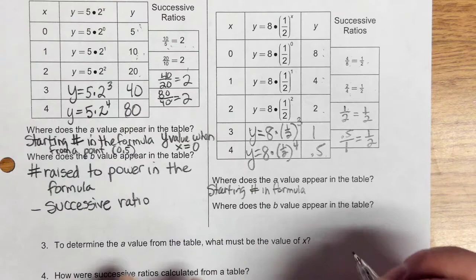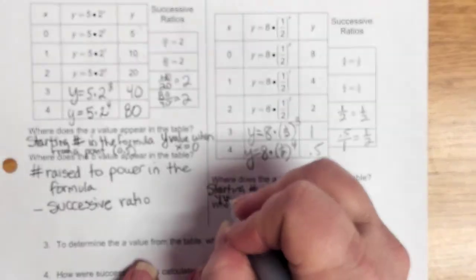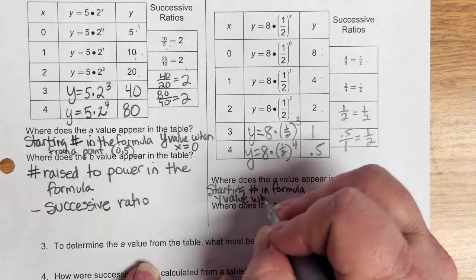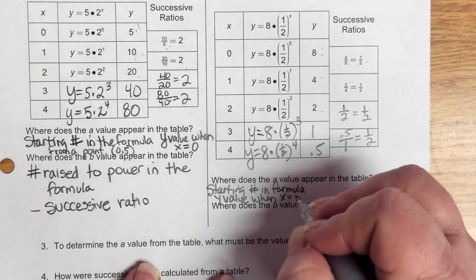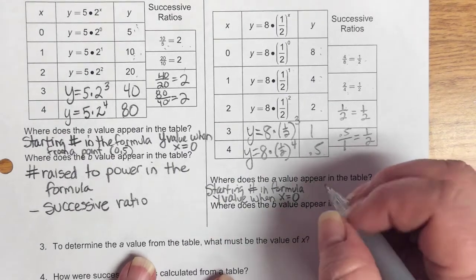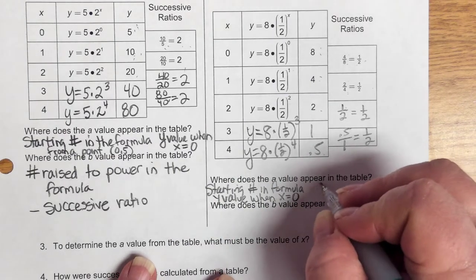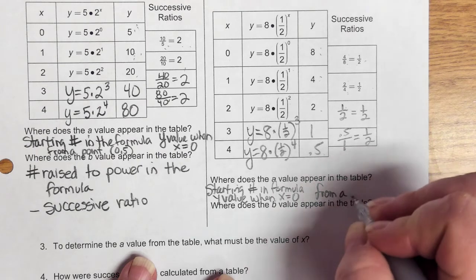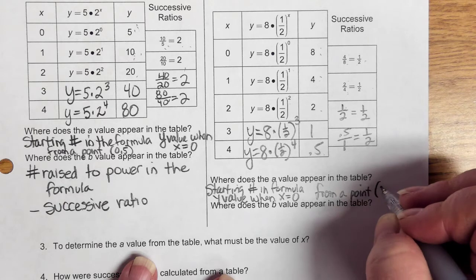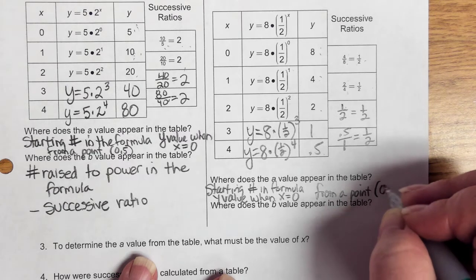It is also the y value when x is equal to 0. Well, and then also we need to know that it's from a point, it will be what? 0 and 8.